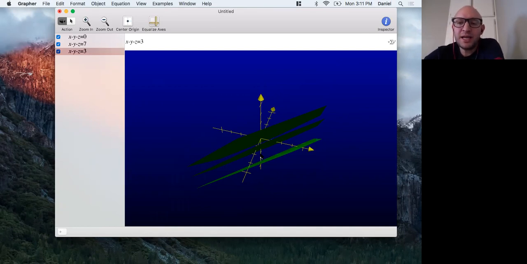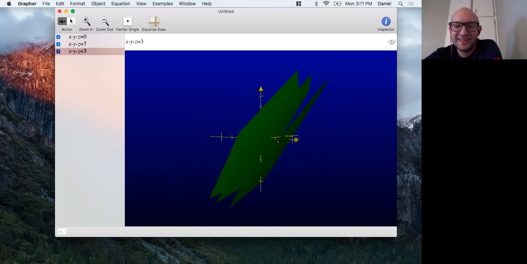But is there anything else in 3D that we can do so that no three planes ever cross at the same time? Is there another configuration we can make?